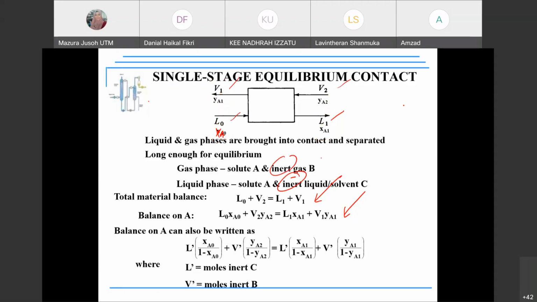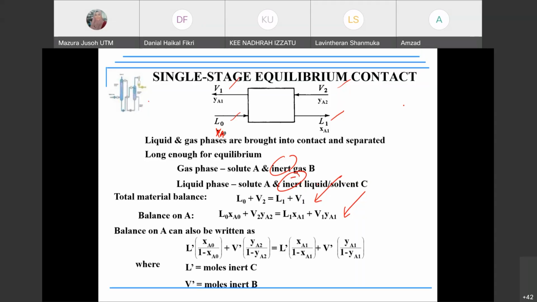You have two inerts: the inert gas and the inert solvent. Because B and C are not moving anywhere, they will stay in the stream. So we want to call the flow rate of the inert in the liquid and the inert in the gas phase a term.